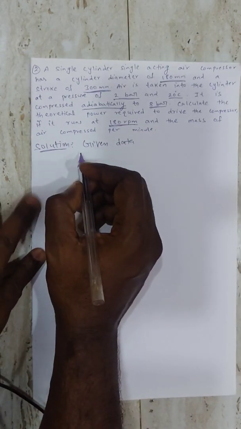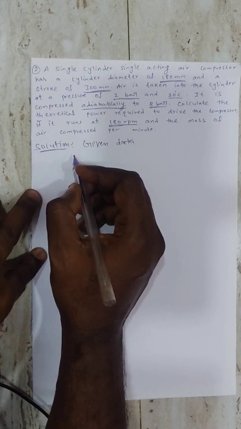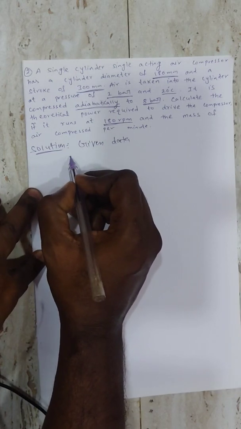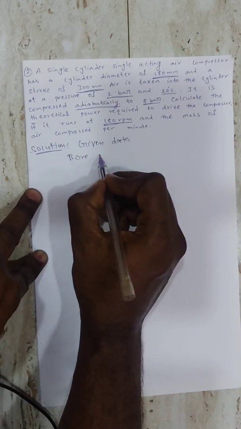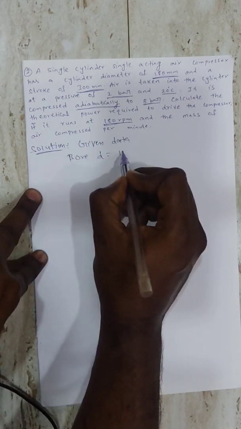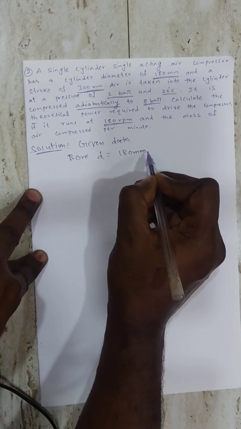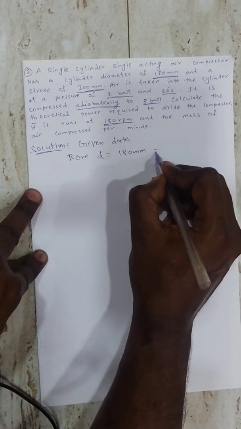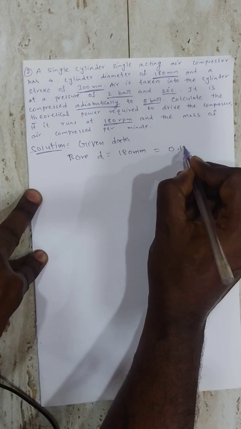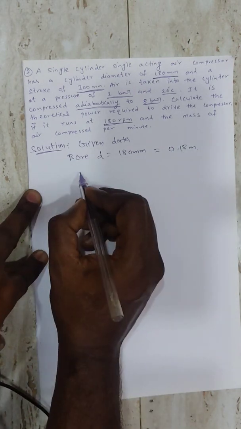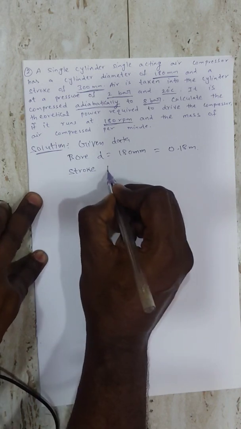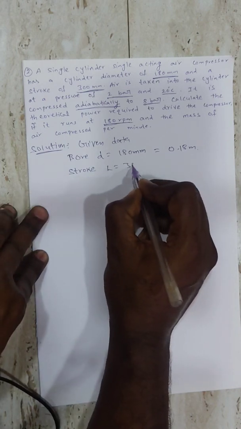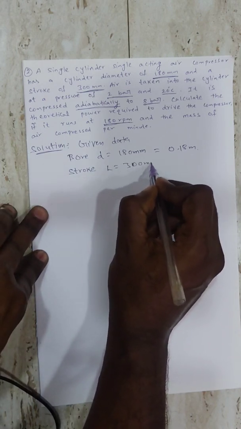In this given data, first he has given the cylinder diameter, which we can say as the bore. D is equal to 180 mm, which we convert into meters, that is 0.18 meter. And he has given the stroke L is equal to 300 mm.